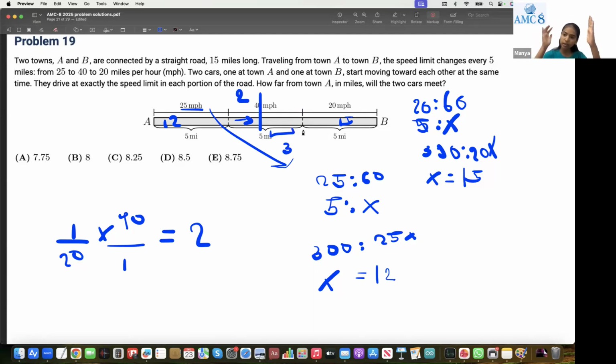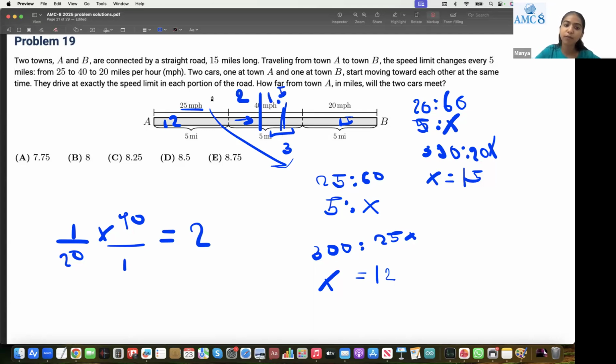So if they both have an equal distance to travel over here, and they both go towards each other at the same speed, then they'll take an equal amount of time to meet each other. Since there's 3 miles between both of them and they both travel at the same pace, they will both meet at the same time. So that means that they will both meet right in the middle at 1.5 miles.